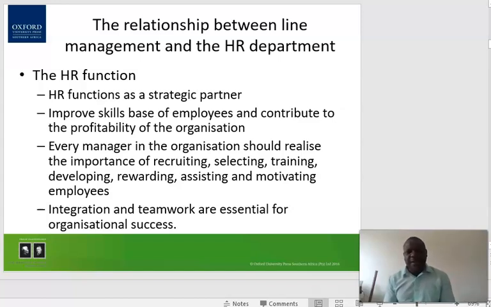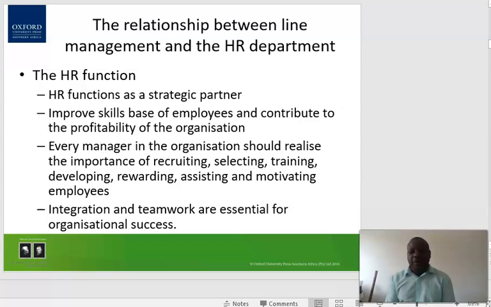Maybe let me follow what is on your slide, where we are saying HR functions as a strategic partner in support of other functions, like your operations function, your marketing function, purchasing and supply, and so forth. The HR function improves the skills base of employees and contributes to the profitability of the organization. So it also works as a strategic partner in the attainment of organizational goals or objectives.